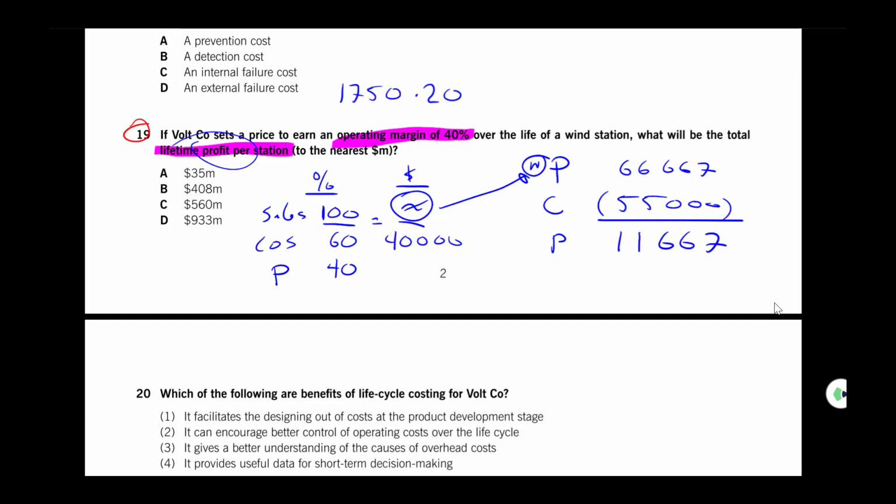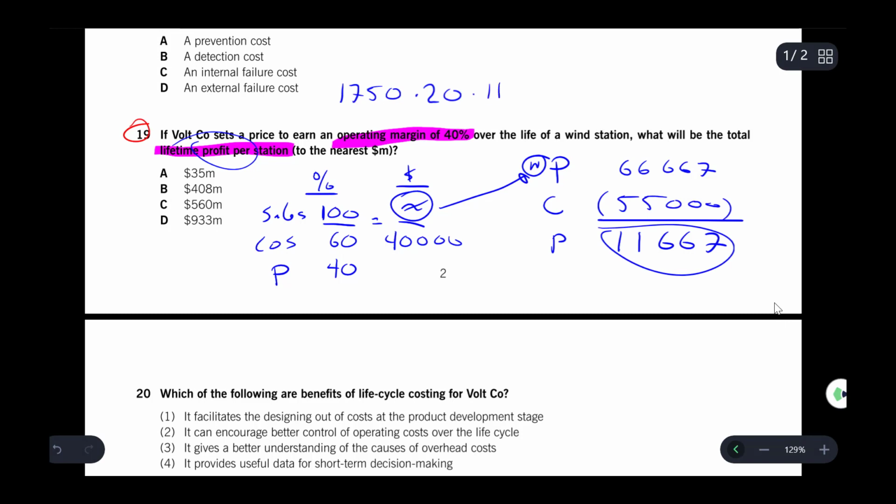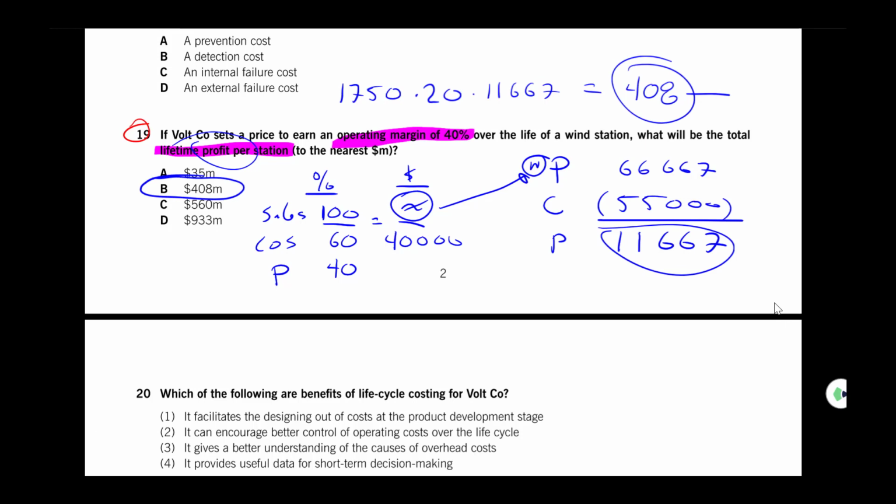Multiplied by the profit per gigawatt, the 11,667. And guys, that gives me 408 and some change. They want the answer in millions, so the answer, guys, is B, 408. There you have it. Question Volt from the March-June 2019 exam.